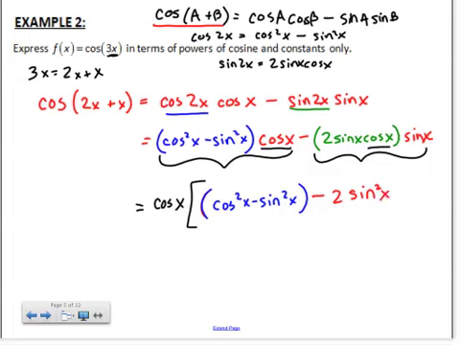You should be able to see that this sine and this sine will multiply to give me sine squared x. Okay? All right, next, since this parentheses doesn't have anything being multiplied to it, I can go ahead and just drop the parentheses. So this equals cosine of x times cosine squared x minus sine squared x minus 2 sine.